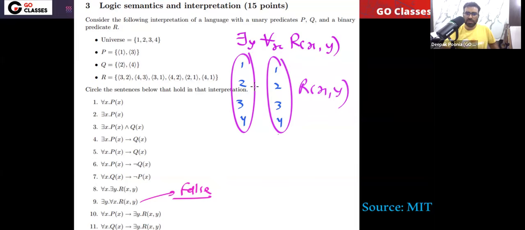For 1 we have 2, 3, 4 but not 1. With 2 we can take 3 and 4, and with 3 and 4 I cannot take anyone.